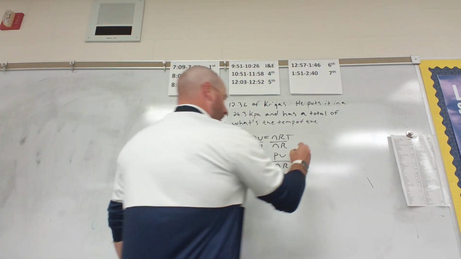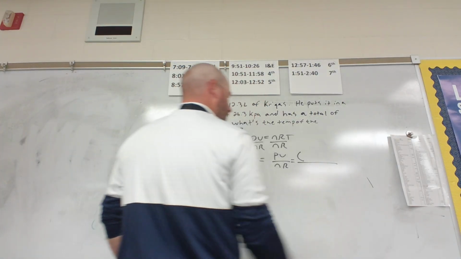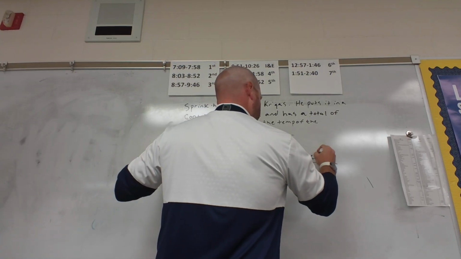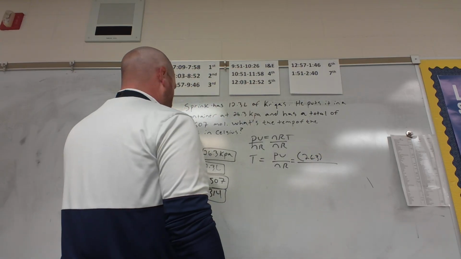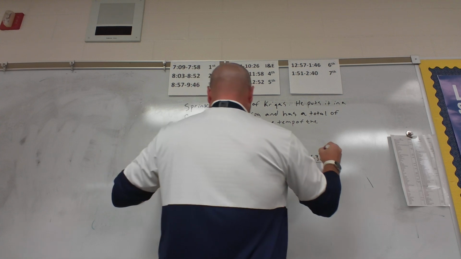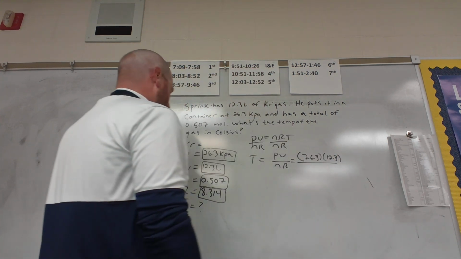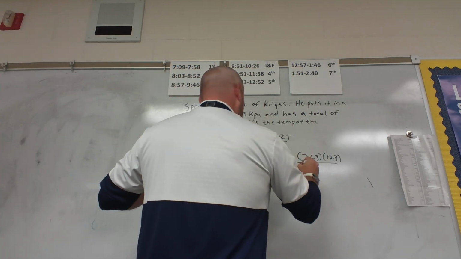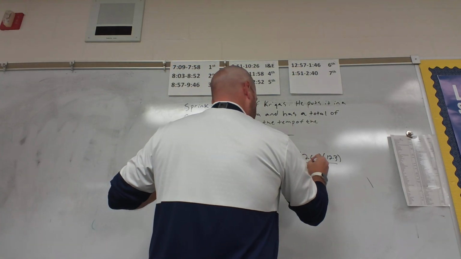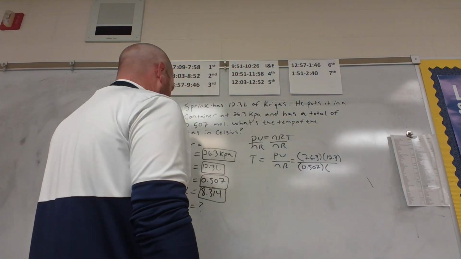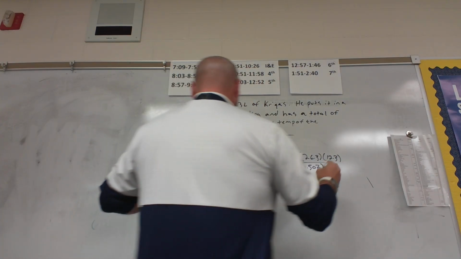So my pressure here is 26.3, and I am multiplying that against my volume of 12.3. And then take my moles, which is going to be 0.507, and I'm going to divide that against my constant.